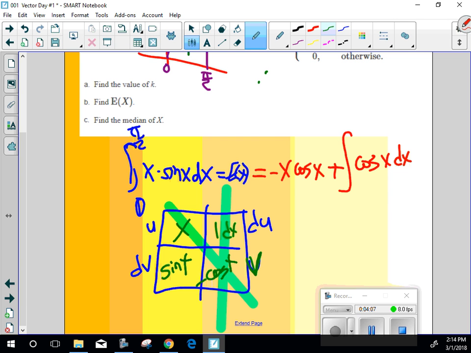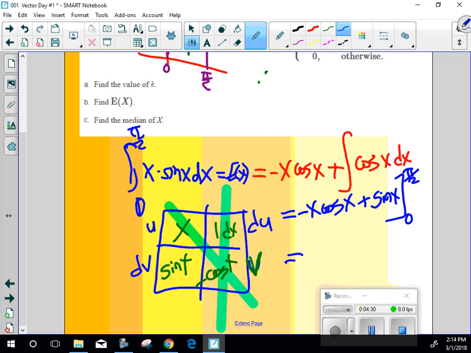But before we do that, what's the antiderivative of cosine? Turn to your neighbor, tell them, is it sine or negative sine? It is just plain old sine, because the derivative of sine is cosine, anti of cosine is sine. We're going to go from 0 to pi over 2.